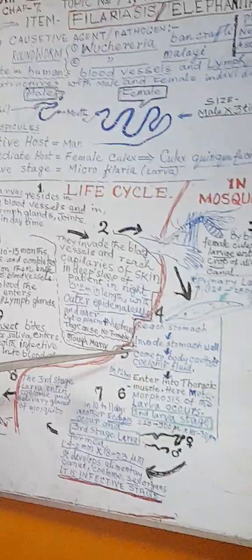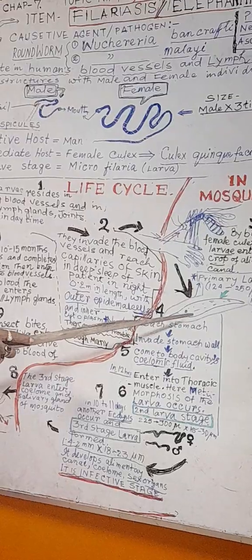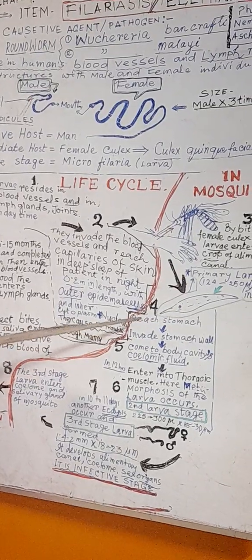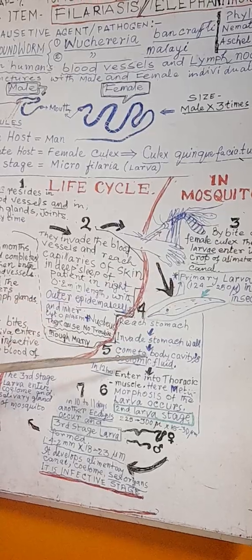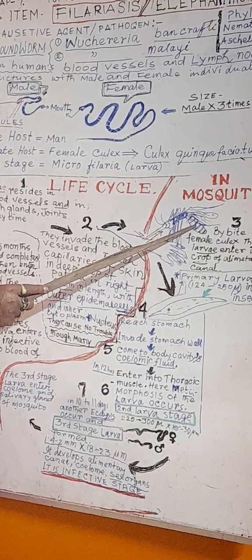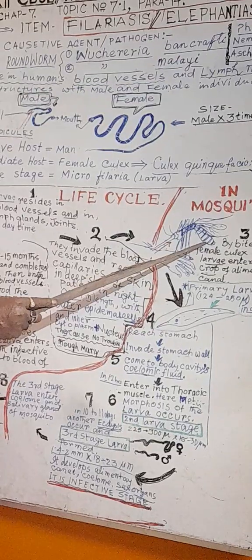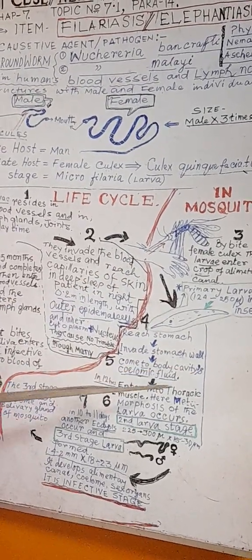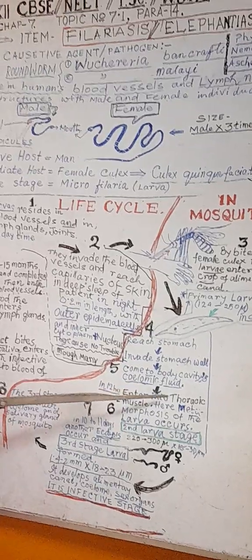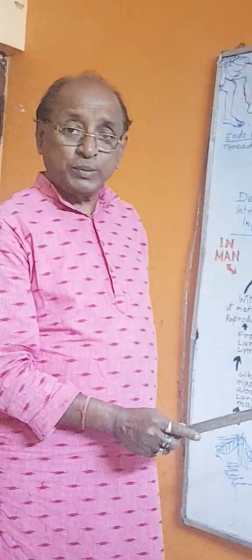Then you see here that the larva reaches the stomach of the mosquito. Then it passes from the stomach to the body cavity. It invades the stomach wall and comes to the body cavity, known as the coelomic fluid, within which they swim.